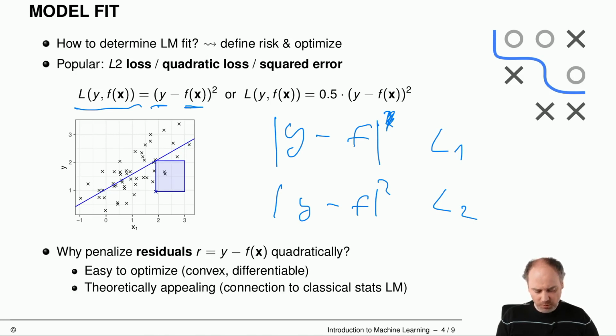What we will see is that, first of all, using the L2 loss will result in an optimization problem in our empirical risk minimization which is much easier to handle. It will be a smooth differentiable error surface that we are going to optimize, and we'll even figure out the resulting cost function as a quadratic form, so we can even solve that analytically and don't have to use numerical procedures.